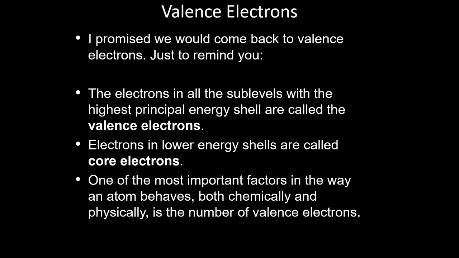The way that we determine which ones are farthest away is by what their principal shell number is. So all of the electrons that are in the highest occupied principal shell are valence electrons. All the rest of the electrons are core electrons.